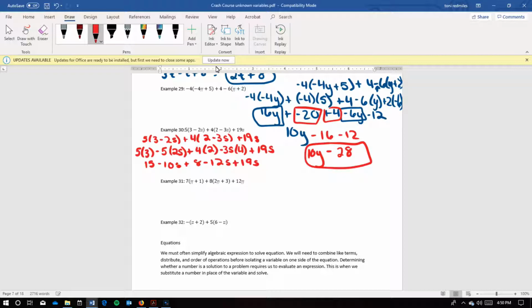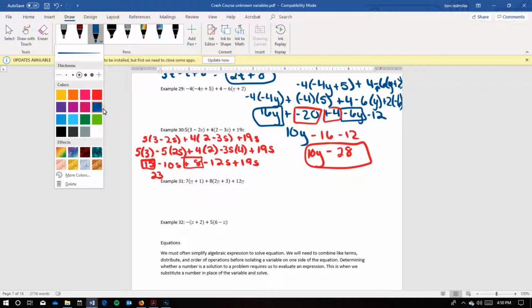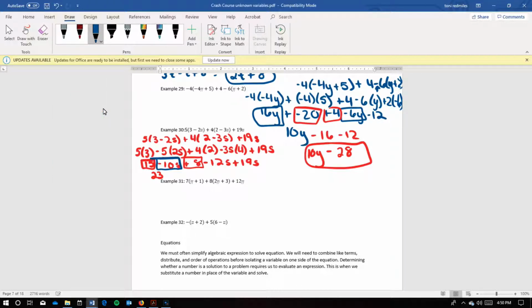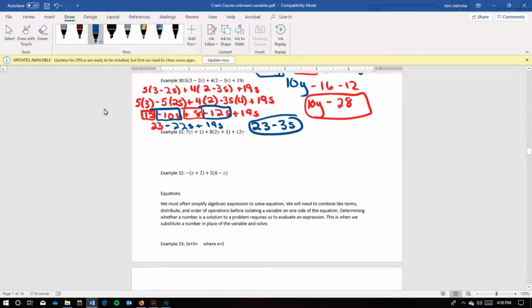Combine my like terms. And then my ending result is 23 minus 3s. All right, 2 more.